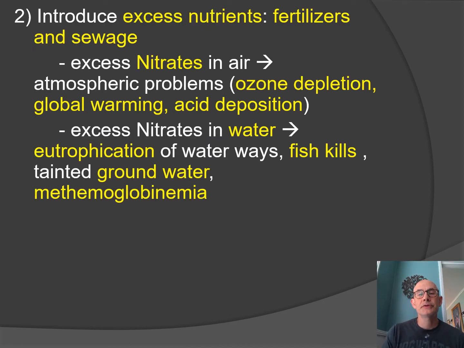In addition to removing nutrients from one area and moving them to another, we also tend to introduce excess nutrients through many different activities. One of the things that humans do is by burning fossil fuels, we introduce nitrates into the air. And once the nitrates are in the air, they begin to react with other things, forming what are known as secondary pollutants.